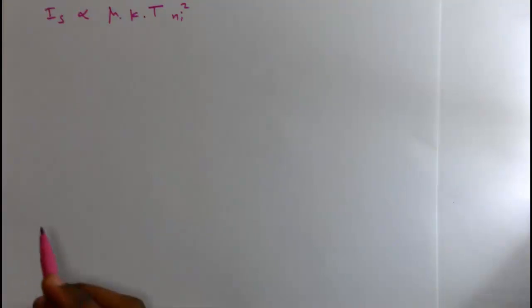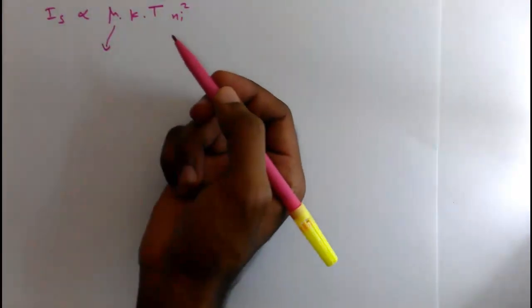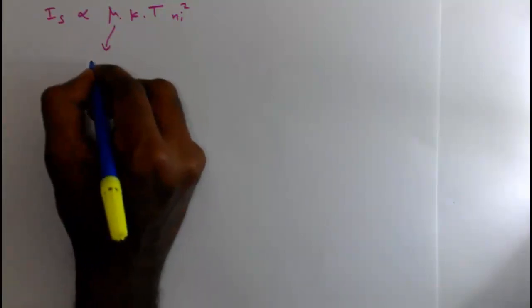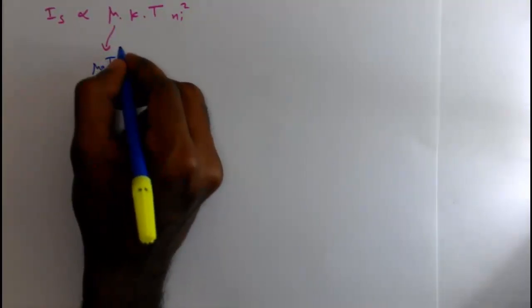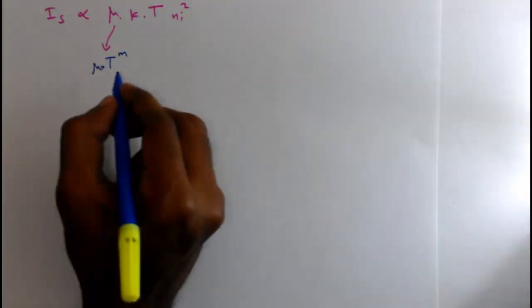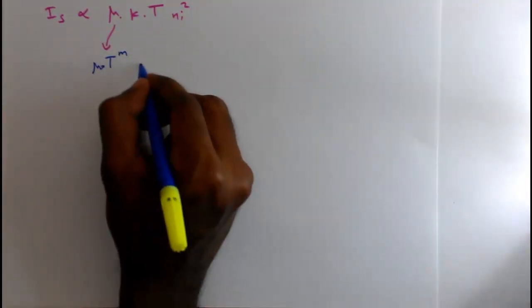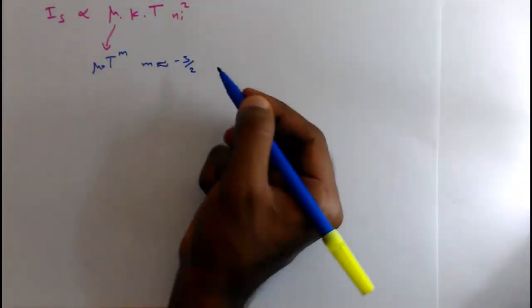But we should understand this for proper circuit design. So again, this mu is proportional to mu 0 into T to the power M, where we can say M is approximately equal to minus 3 by 2.